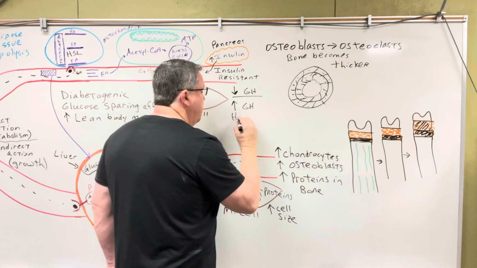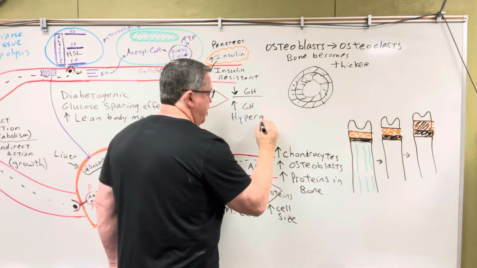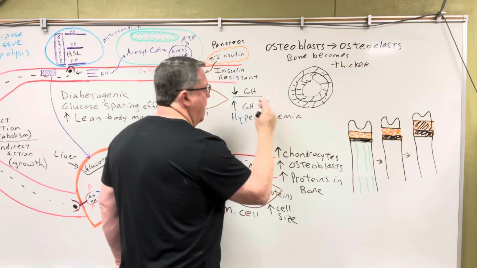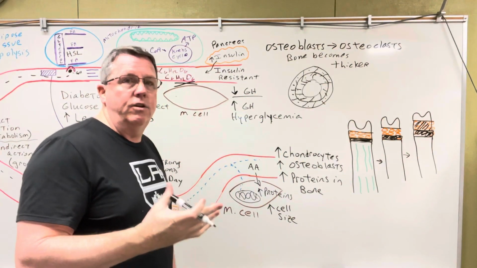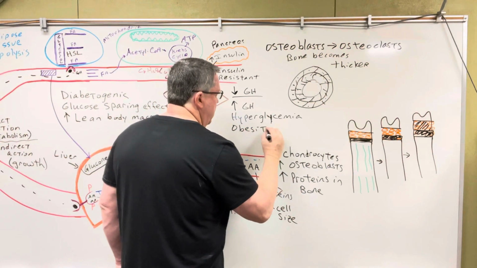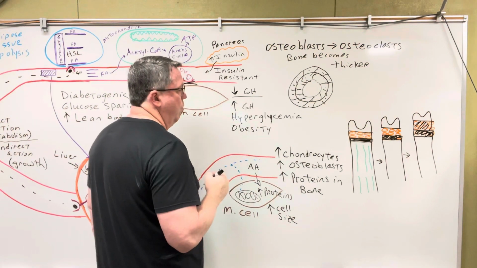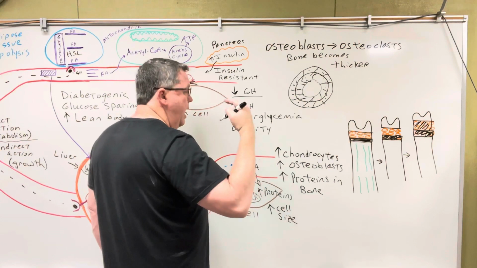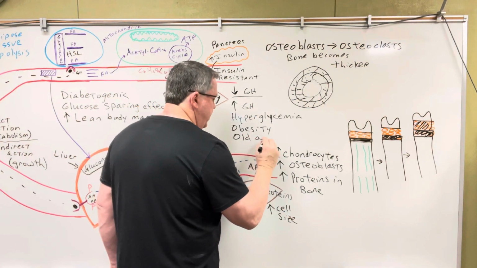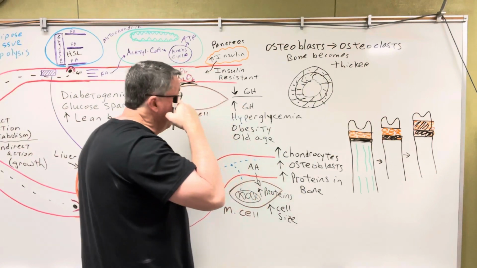The other one's going to be hyperglycemia. Okay, so hyperglycemia can also stop the amount of growth hormone that's being released into the blood. We have obesity. This will also decrease the amount of growth hormone being released into the blood. And there's also old age. As we get older, we secrete less growth hormone, right?